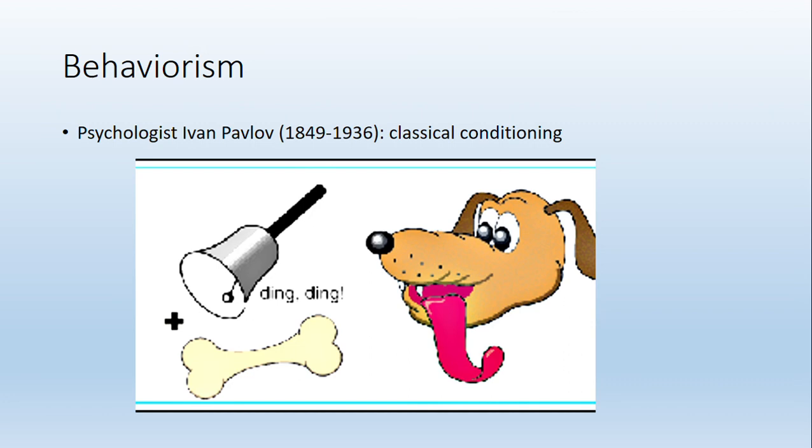It started with the psychologist Ivan Pavlov, 1849 to 1936, as classical conditioning. I think you've heard about that. This is only a review, but anyway, he used to ring a bell whenever he was feeding a dog, and then he observed that the dog would drool every time he rang the bell.